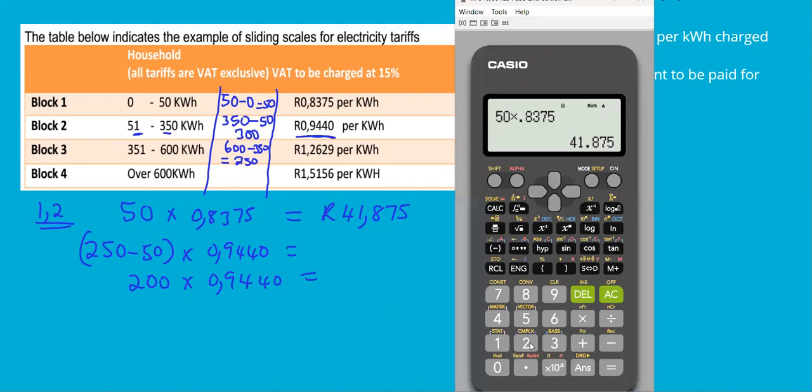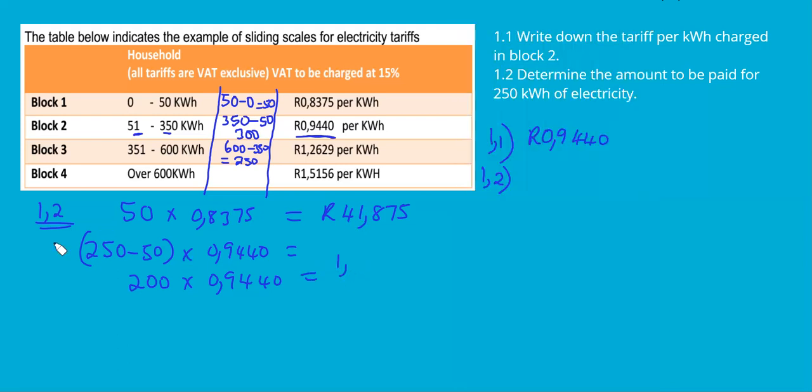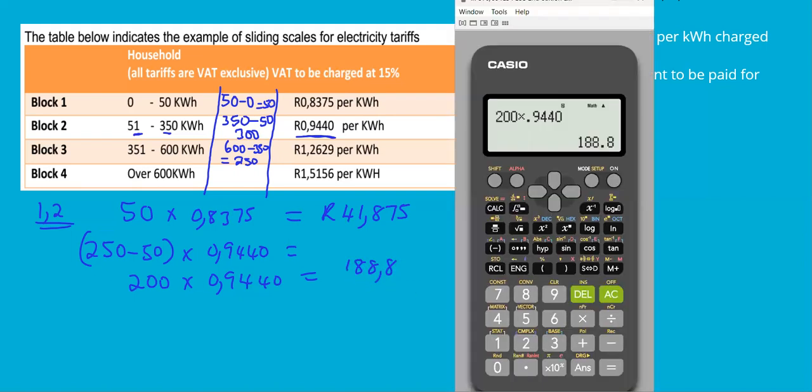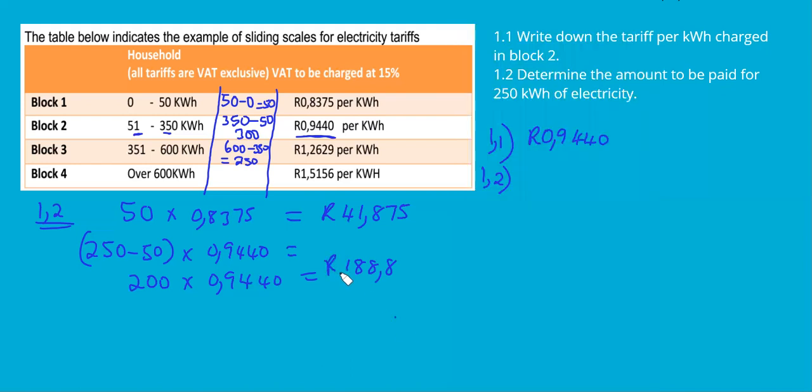What do we get? 200 times 0.9440. This is what you get: 188.8. Just cross check there. Yes, that's correct. So if we put rands here, then you can get our total there.